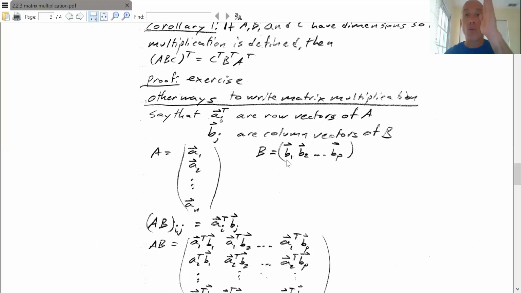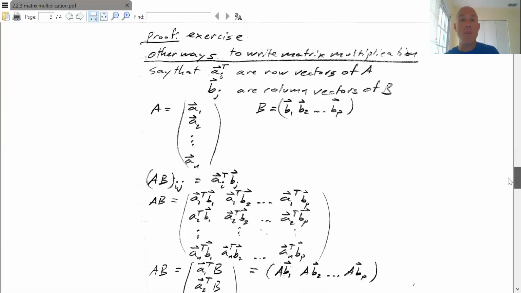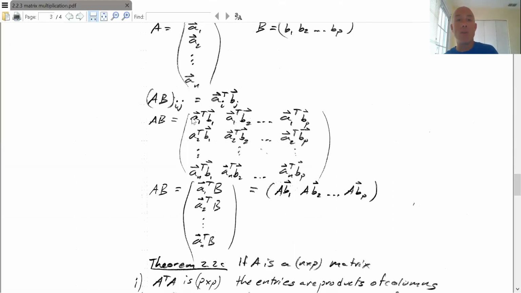Here it's first column, second column, third column, and so on. Well, when I do the multiplication, it's just going to be the ith jth entry. I take the ith row and the jth column, and then I just multiply them individually. And that gives me another way to write this out. Sometimes this is easier, sometimes this is harder, depending on the problem that I'm working on.